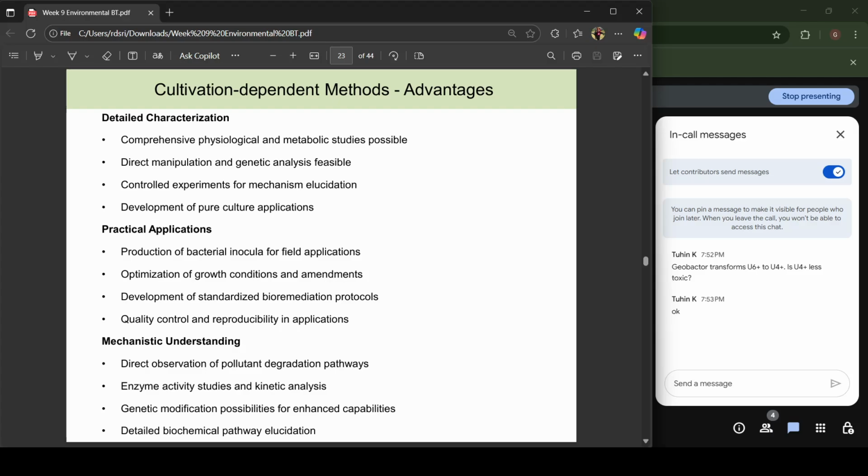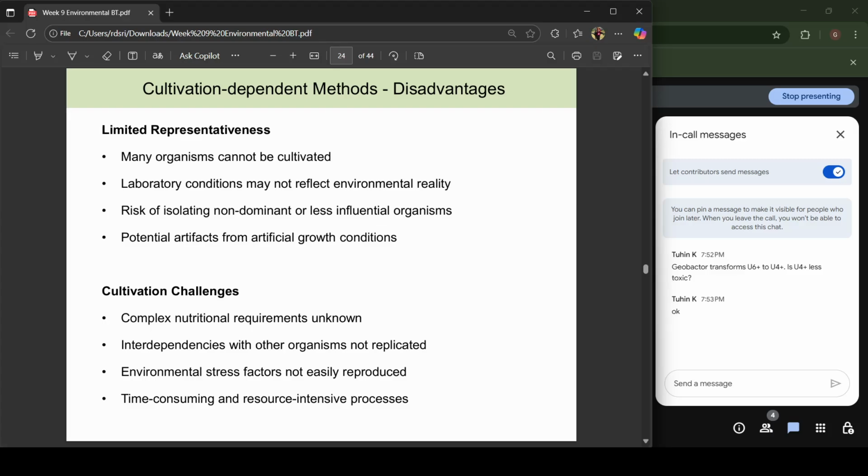All this is about the study of biochemical pathways. So in that way we get detailed characterization of the organism. We have a mechanistic understanding of bioremediation, and we are able to develop the practical applications. So these are the advantages of cultivation dependent methods.